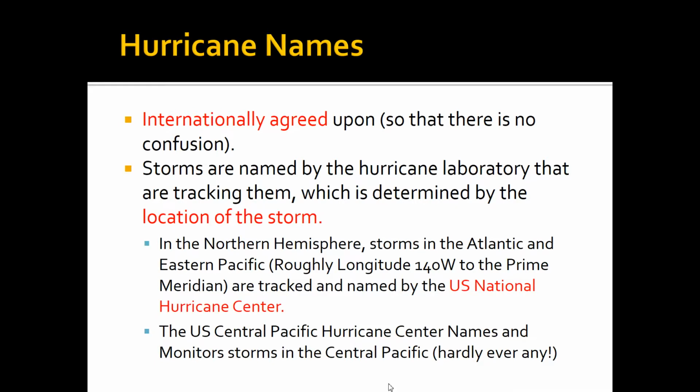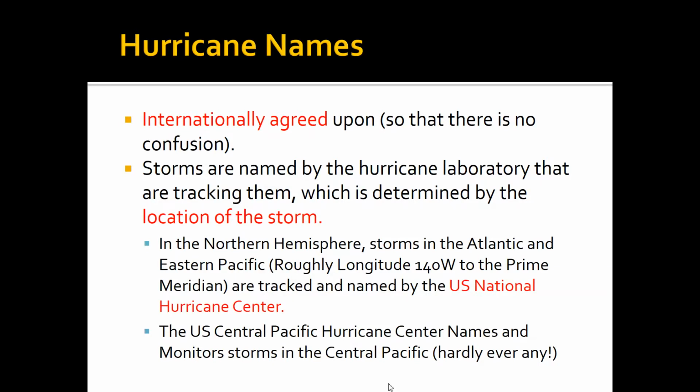So when you're watching the news and somebody says a hurricane is approaching, you would probably want to know which hurricane is approaching you. So we use names to allow us to differentiate one storm from another. And we use names because it's a little bit more approachable. It's easier for people to remember a name than a number like 12L or 15. So that's why we give these hurricanes names.